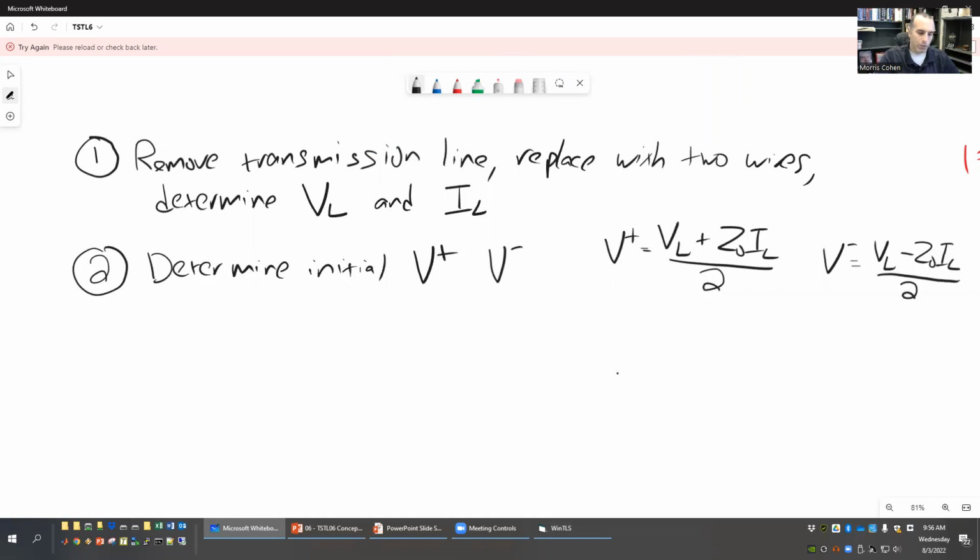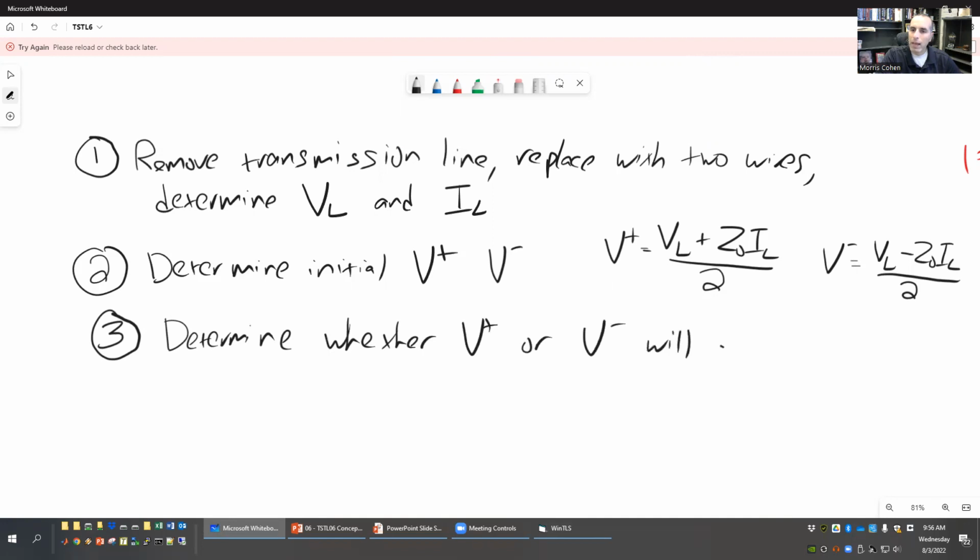All right, once you finish with step 2, you want to deduce which one will change, either V positive or negative. Determine whether V positive or V negative will change, and where will it change? It will change, spoiler alert, wherever you made the change, wherever you opened or closed the switch.